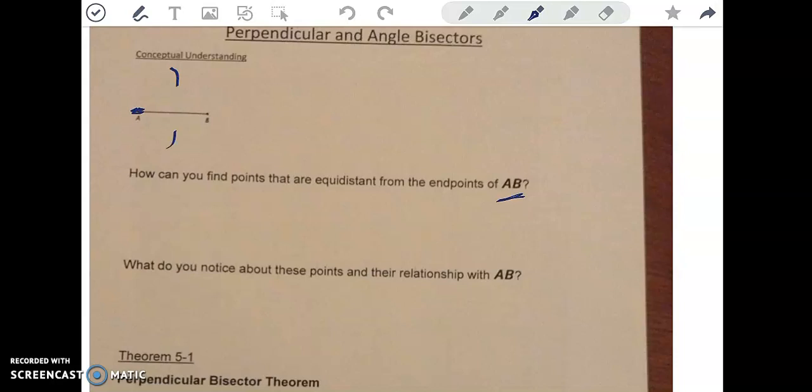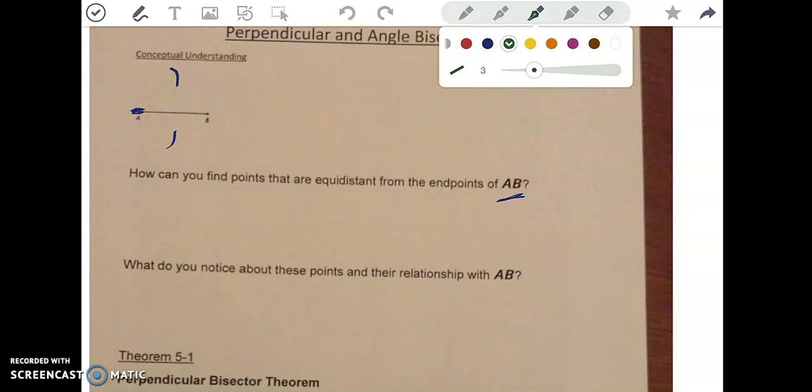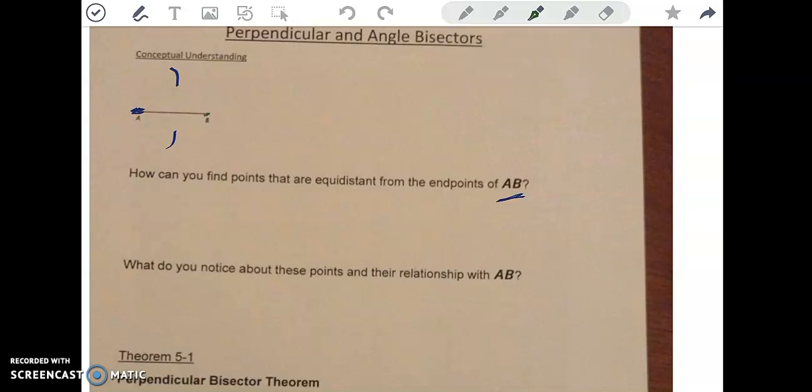Then you go to the other side on B, where you have the compass in the exact same spot, and then you draw lines where it crosses, and then you connect those intersections with a straight edge, and then you end up with something that is equidistant from A and B.